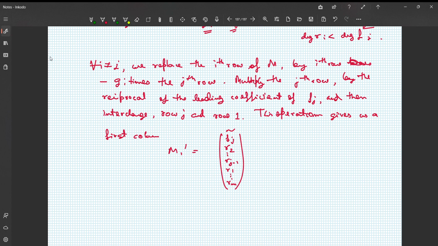Clear? Let me emphasize this a bit more. So you have r1. Let me just write it down a bit. Okay. So you just go by the algorithm in this sense, right? So you have fj tilde, then you have r2, then you reach rj minus 1. The jth row is interchanged with fj.